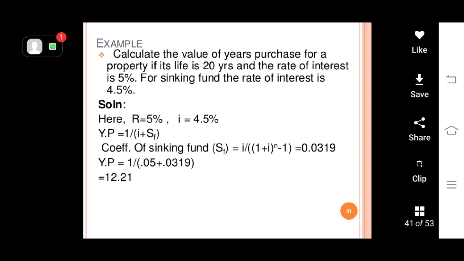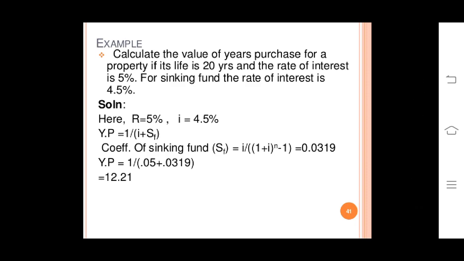Coefficient of sinking fund is SF, which can be calculated by formula I upon (1 plus I) raised to n minus 1, which is equal to 0.0319. Now, year's purchase is equal to 1 upon 0.5 plus 0.0319, which is equal to 12.21.